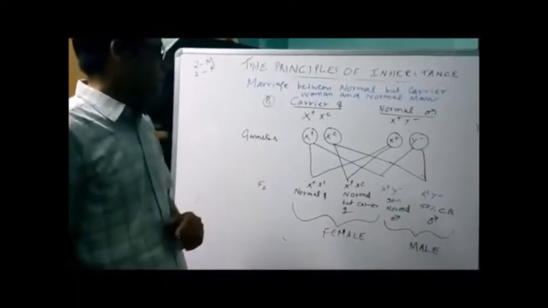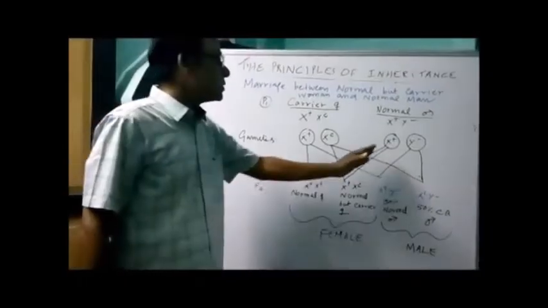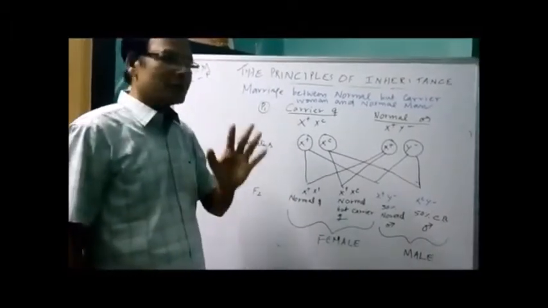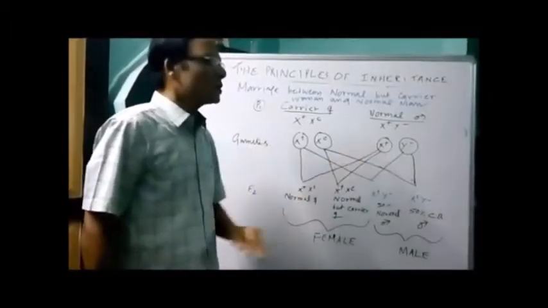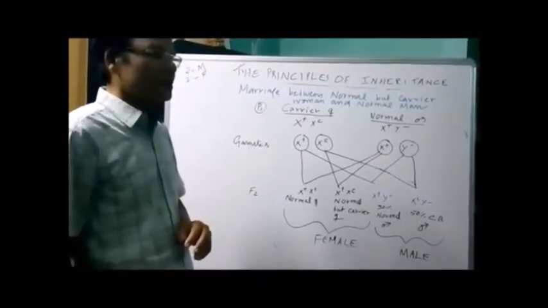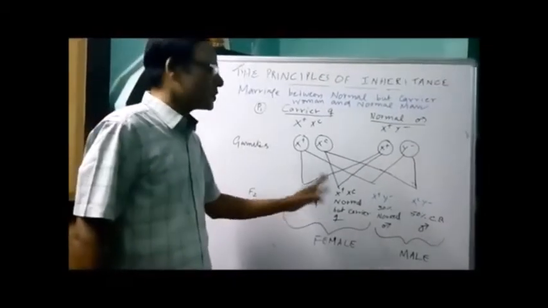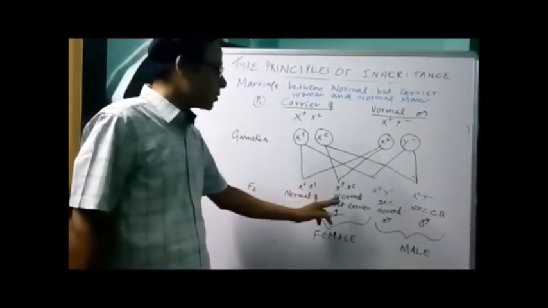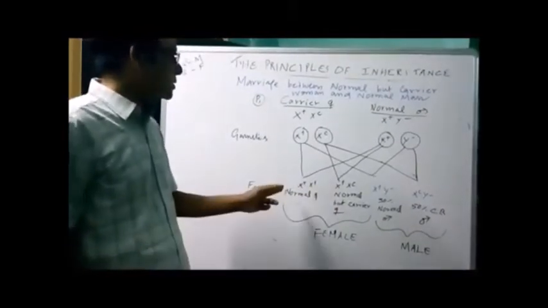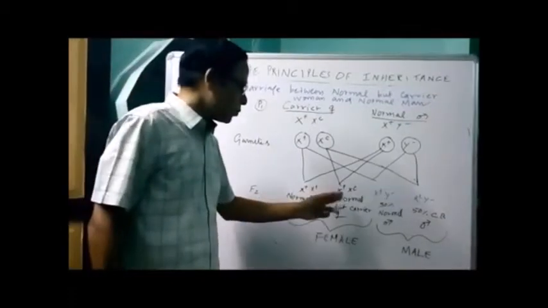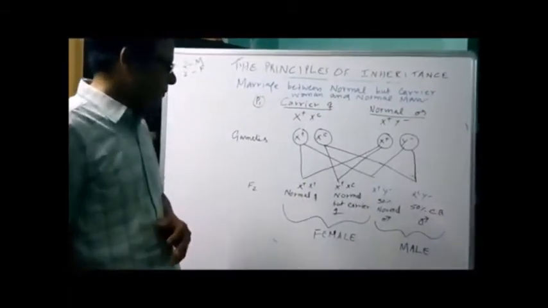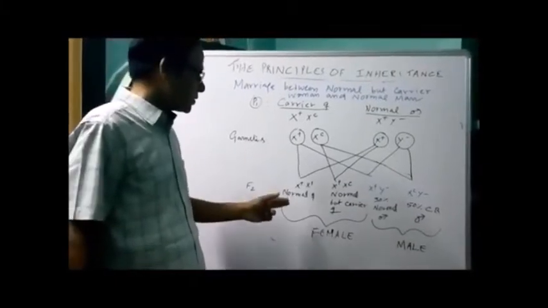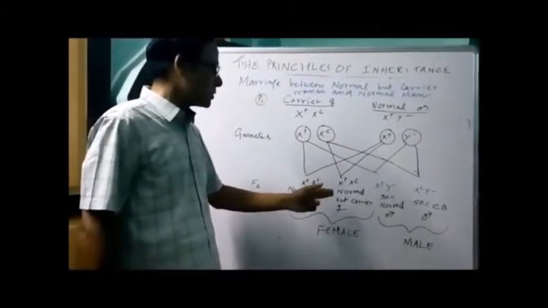What about the daughters? If the father is normal, once the mother is carrier, it is fixed. If father is normal, in such marriages, no daughter is affected. All the daughters are normal, but 1 daughter is carrier. That is, out of the 2 females or daughters, 1 is normal and the other is normal but carrier.